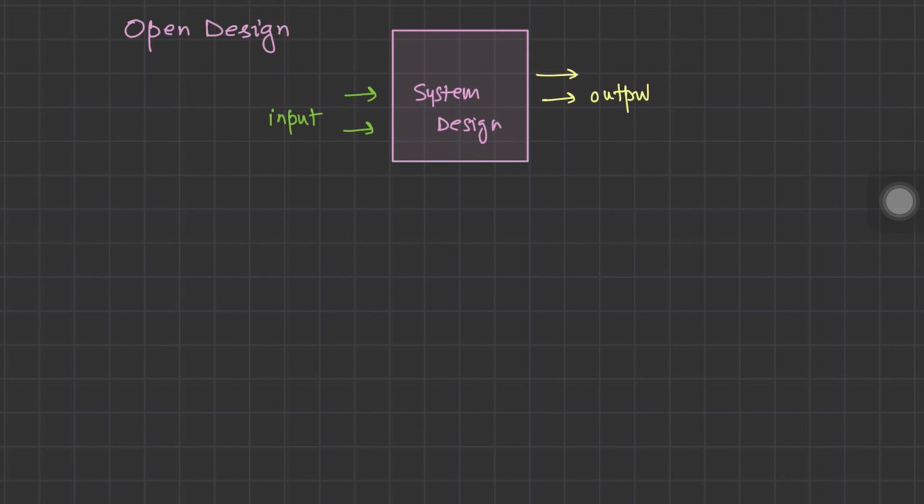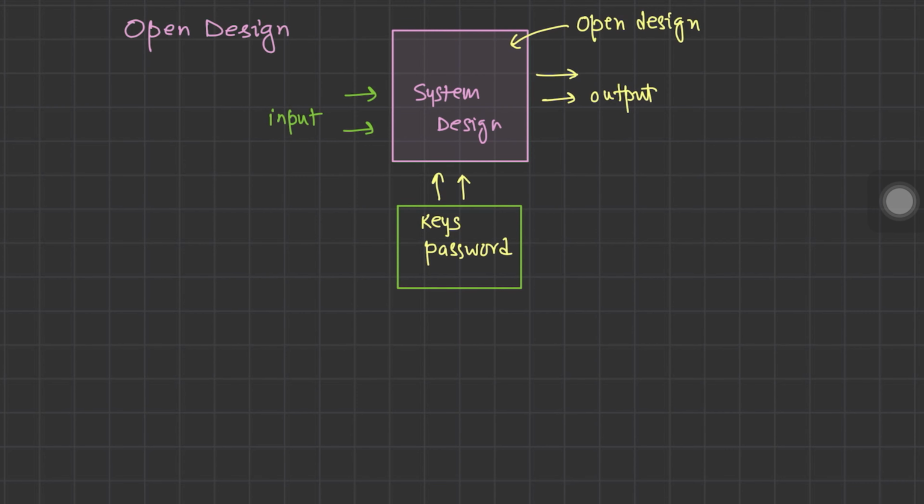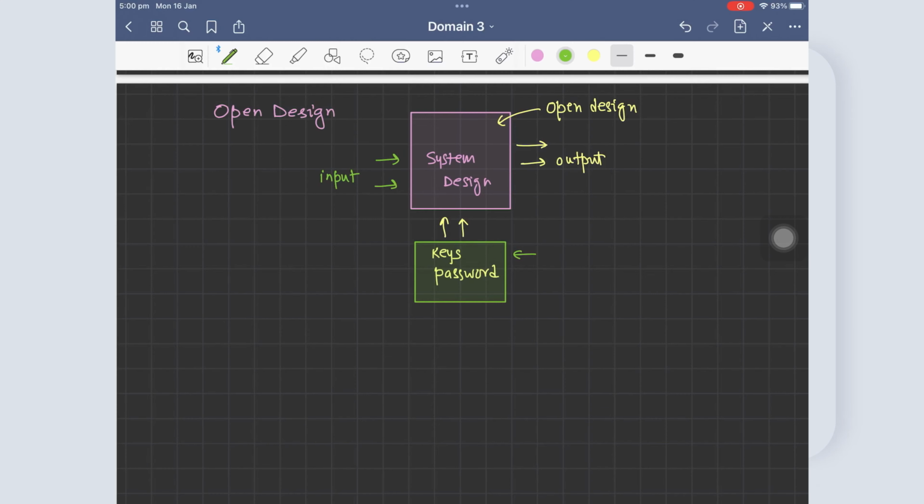The system may be accepting some input, producing some output, and to enforce its security there will be some keys and passwords. The principle of open design says that we keep the keys and passwords secret, we don't disclose them, but the system design is open for interpretation, for study, for testing to the general public.